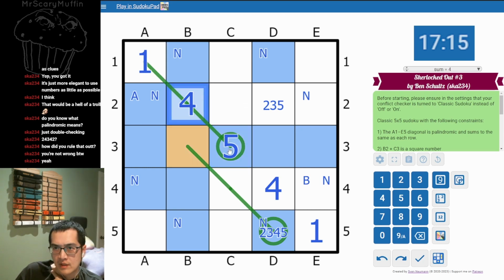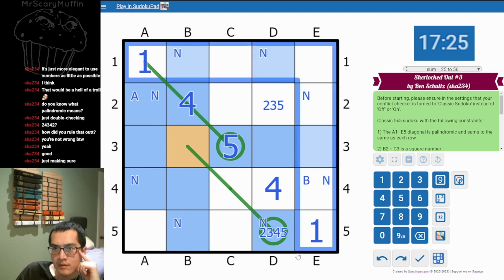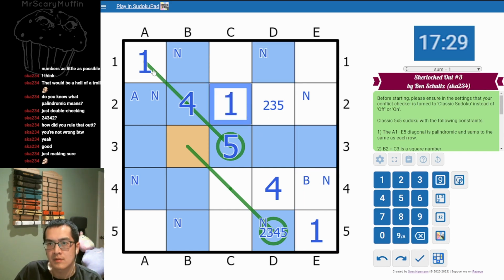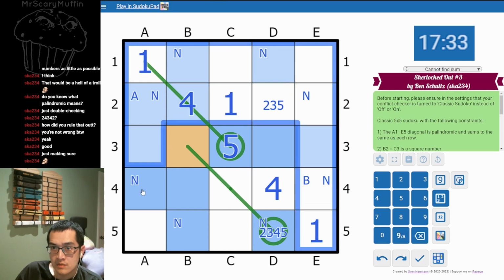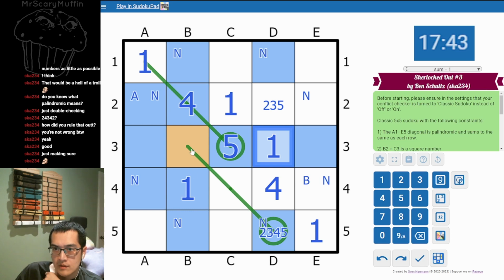I knew these two needed to be a square, so I had already eliminated that way. So 1 goes here? Ones, ones, ones. That's not a 1. That leaves us with only one place for this one and this one. This is not a 1.